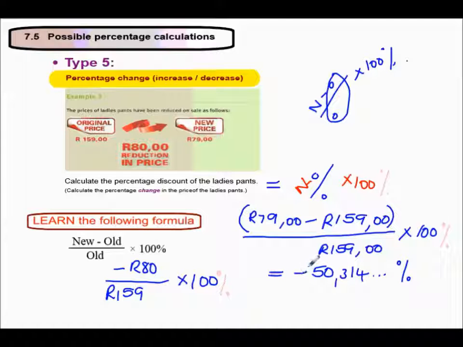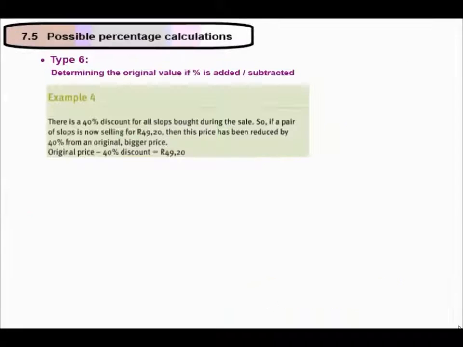Right, let's have a look at this. This negative here means there has been a reduction. There has been a decrease in price. If it was a positive, it means that the price has increased.